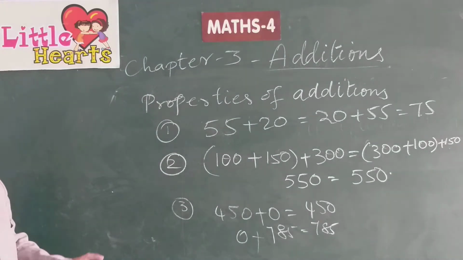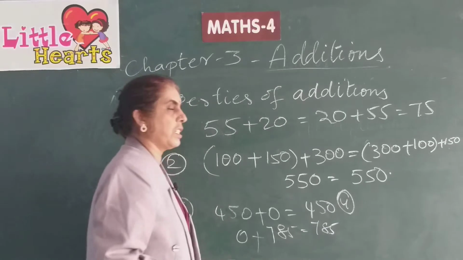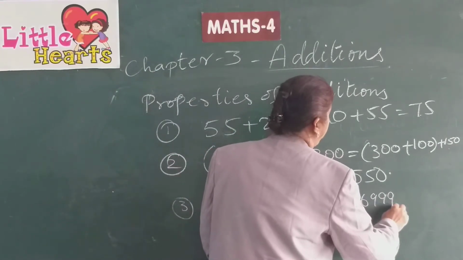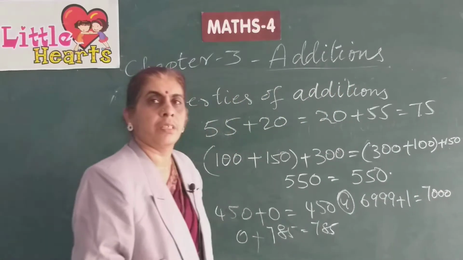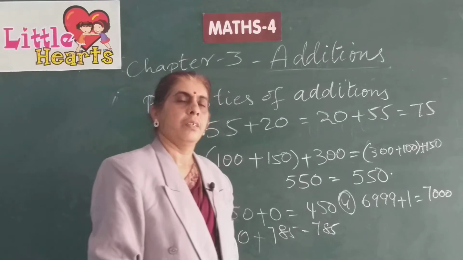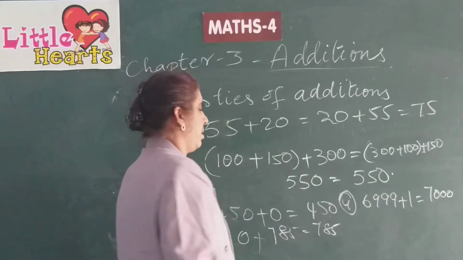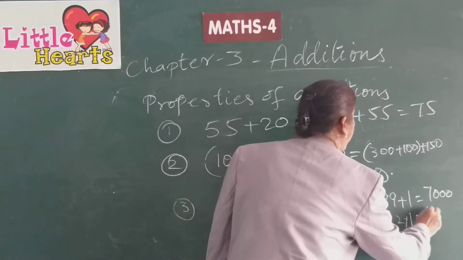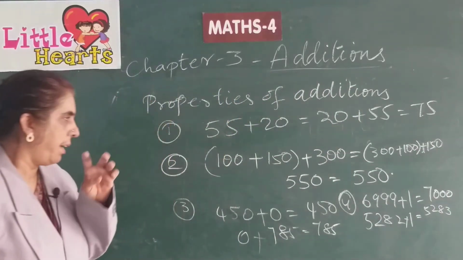And if 1 is added to any number, we get the next number. 6,999 plus 1 equals 7,000. We get the next number, or the successor. 5,282 plus 1 equals 5,283.